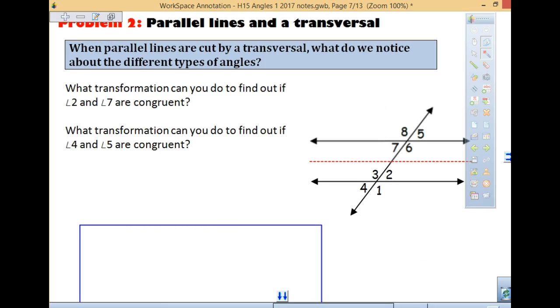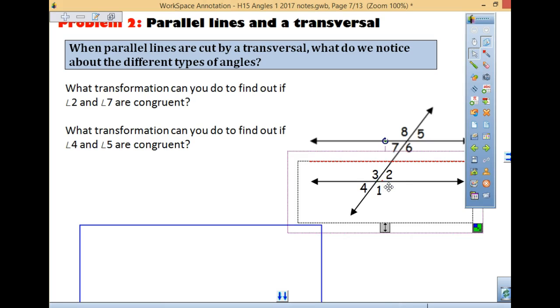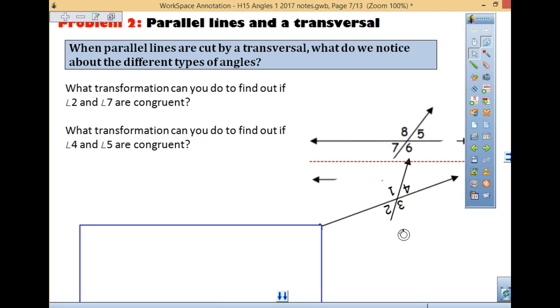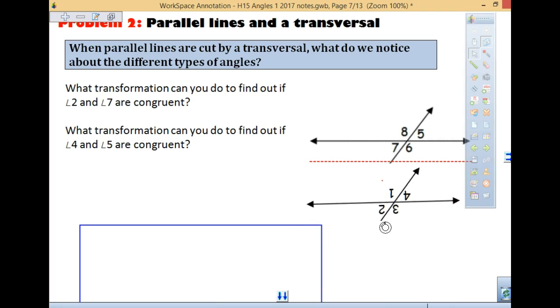The last one that they talk about is what do we notice about different types of angles in this transformation for 2 and 7. And what we want to take a look at is if I flip this around, right? So if I rotate this, how many degrees? 180, right?